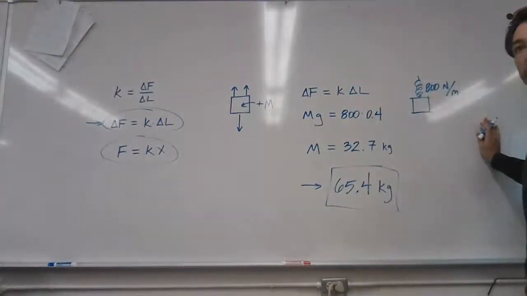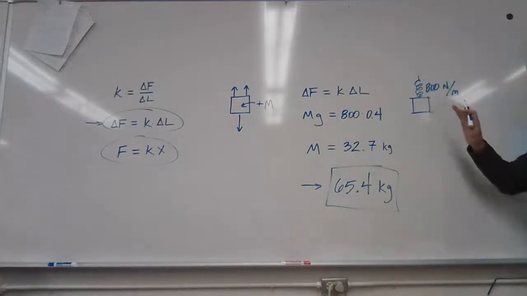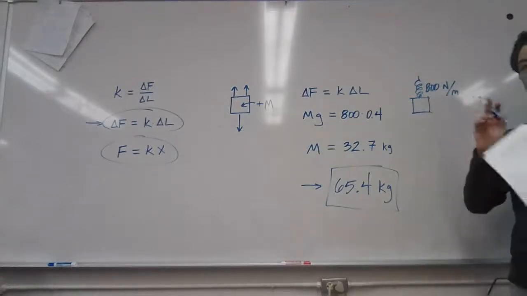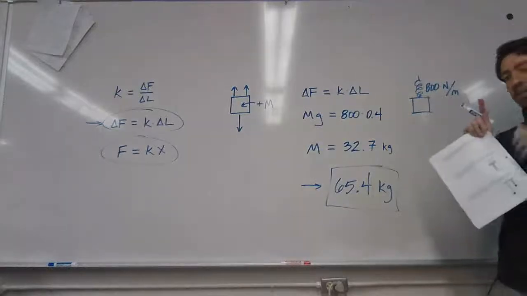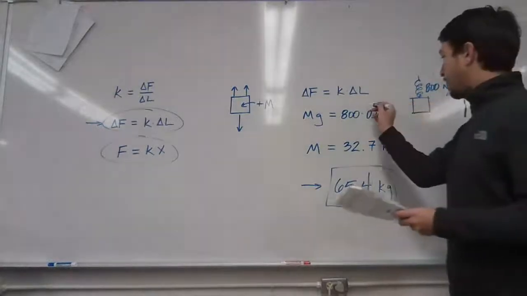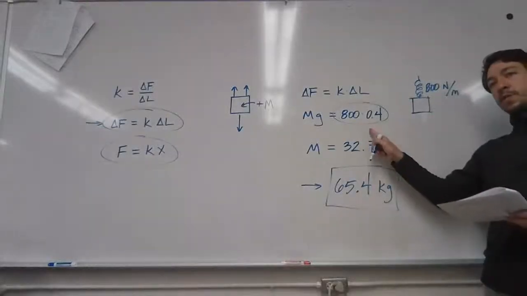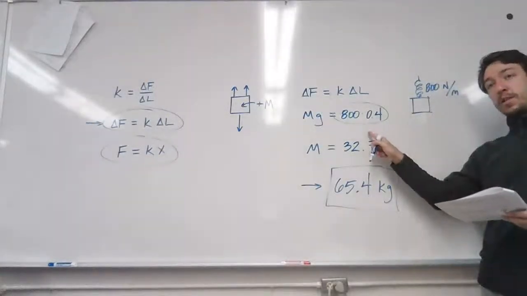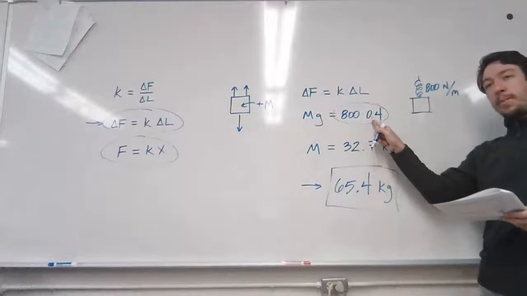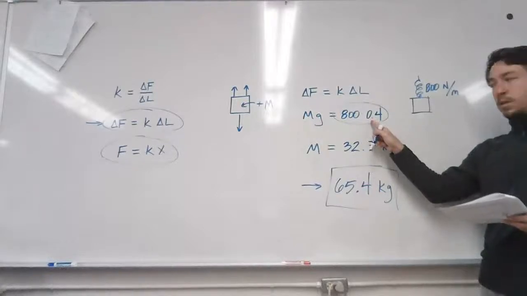Why would you double it, not theta? There's two springs and they're both exerting. So let's go back to this. This quantity here is how much force each spring would exert if you stretched it by 0.4 meters.